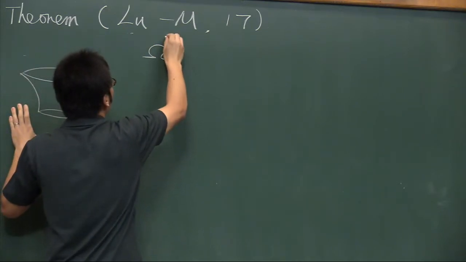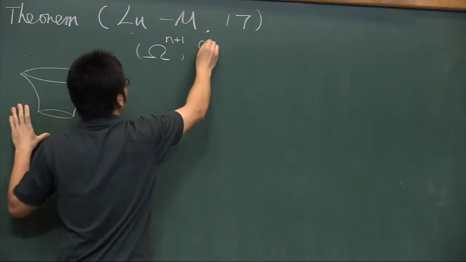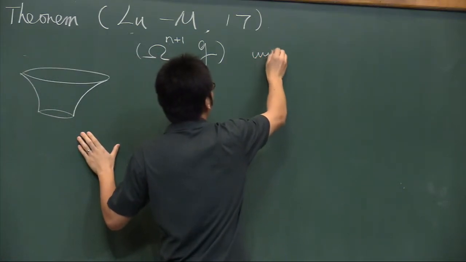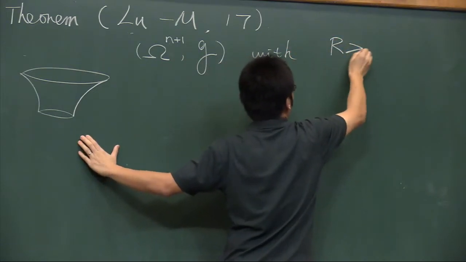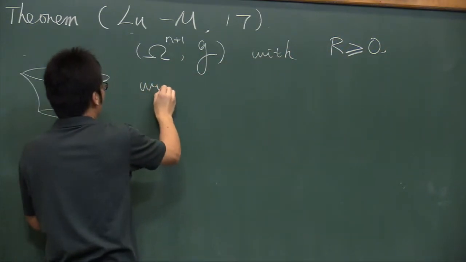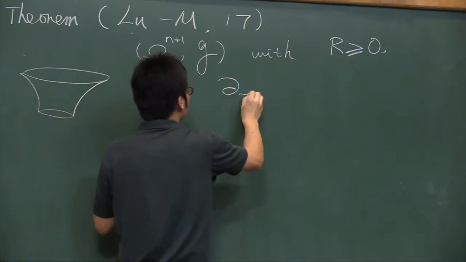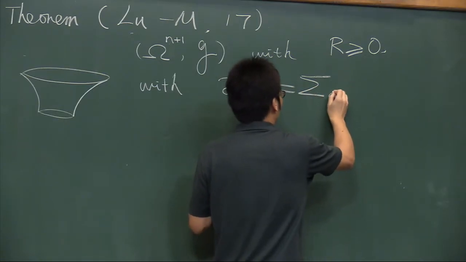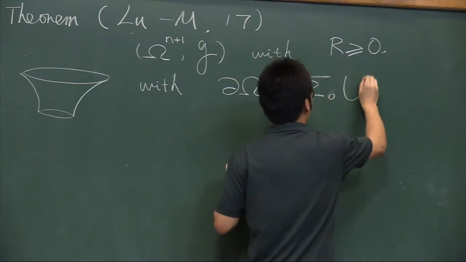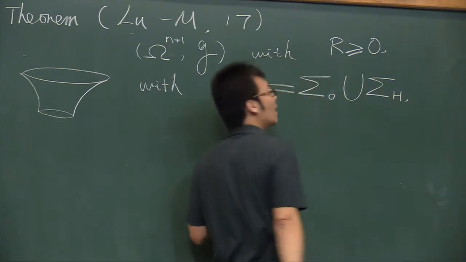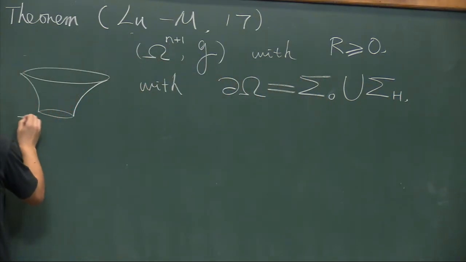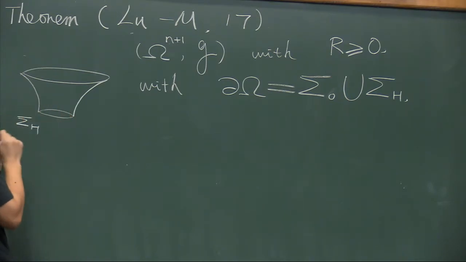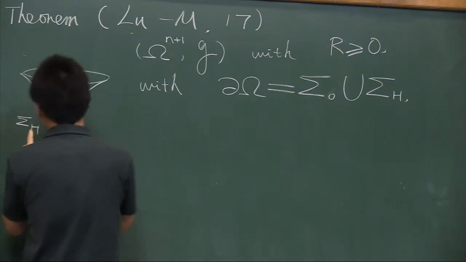Here we have a compact manifold with boundary with non-negative scalar curvature, such that its boundary is a disjoint union of two pieces, where we will use sigma H to denote the part consisting of minimal hypersurfaces. So sigma H is minimal.